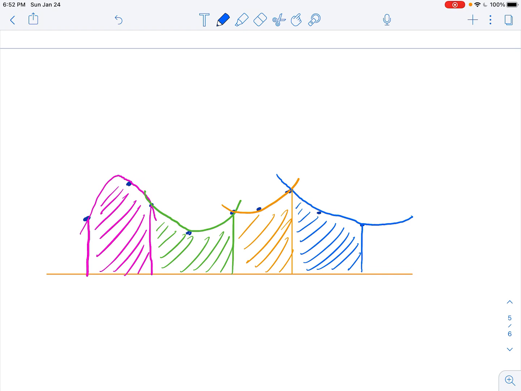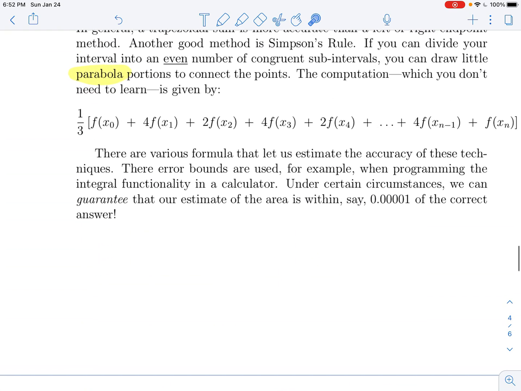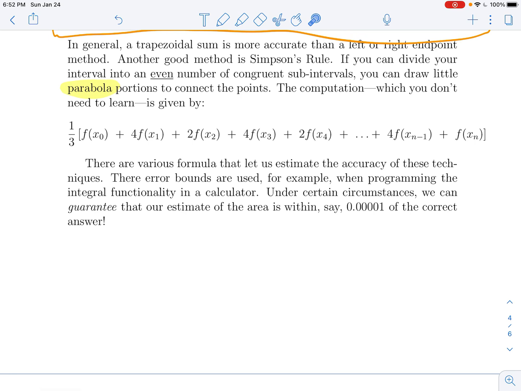And this will often be very accurate because we're approximating with curves rather than with horizontal lines or even slanted lines. In practice, it's not obvious at all, but there is a formula that is the result of doing this Simpson's rule thing with parabolas.